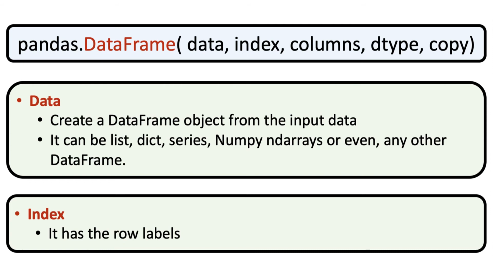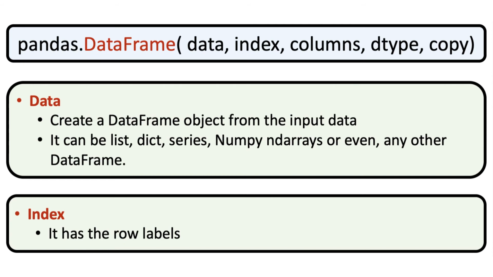It is used to create the data frame object from the input data, and it can be anything. It can be a list, a dictionary, a series, a numpy array, which is another wonderful thing that we will discuss later on, or any other format. So this is the input data.